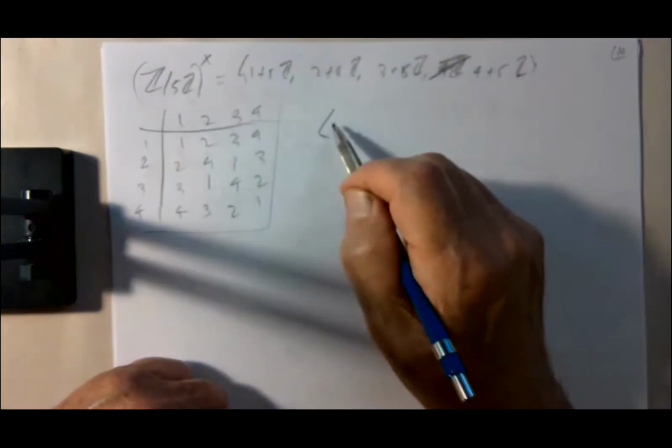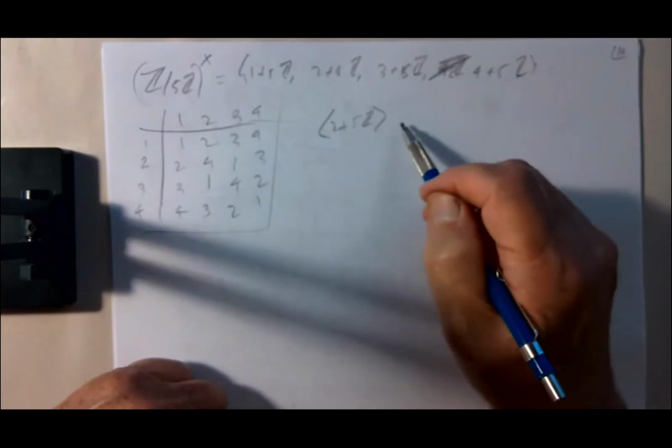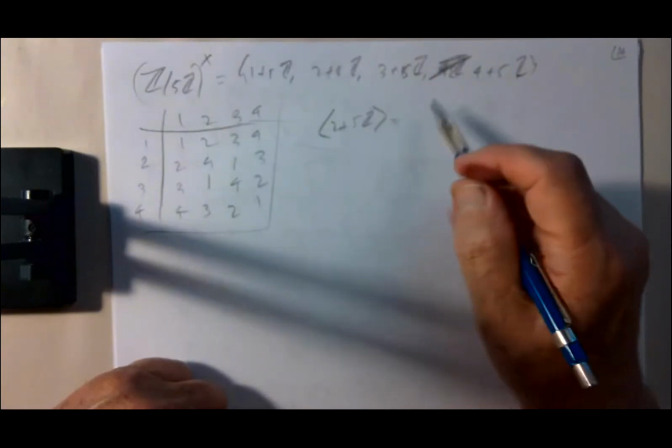What is the cyclic subgroup generated by 2 plus 5Z? It's the set of powers.